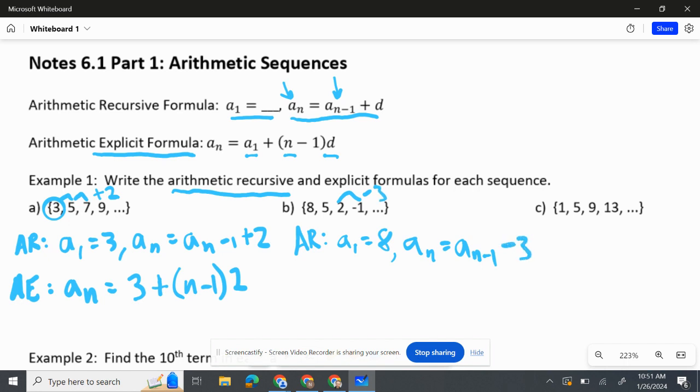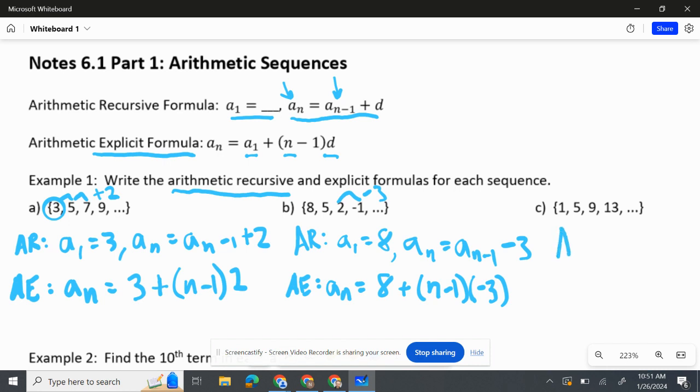So we put minus 3. For the explicit form, what we have is a sub n equals, our first term is 8, plus we have the n minus 1. We're going to put the negative 3 in parentheses so it doesn't look like minus 3. We're timesing it by negative 3.